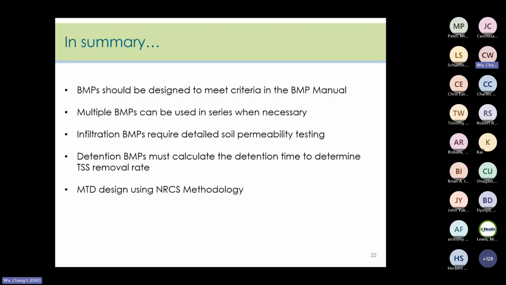Infiltration BMPs require detailed soil permeability testing, as we have the minimum permeability rate for infiltration BMPs. And for the detention BMP, which now means that GI reviewers must calculate detention time to determine the TSS removal rate. And for the MTD design, you have to use the NRCS methodology.